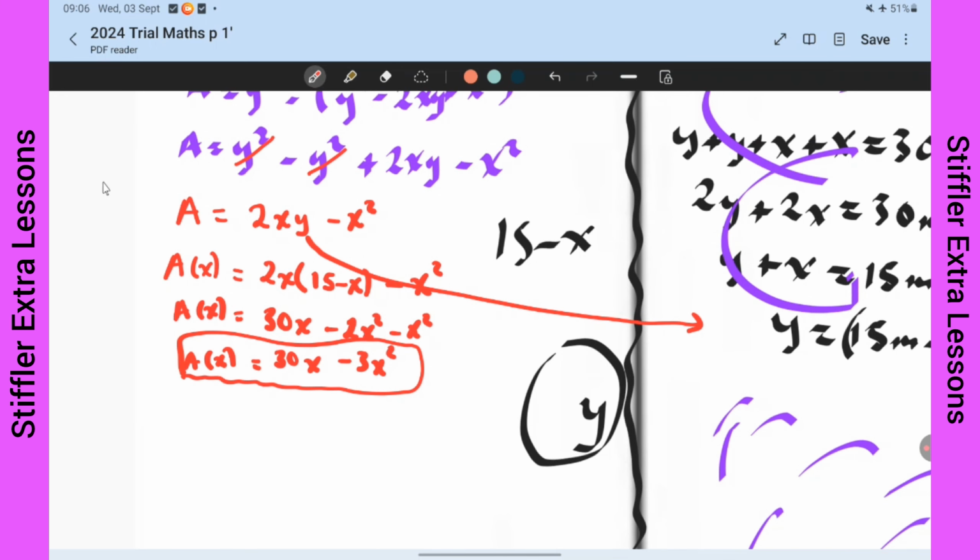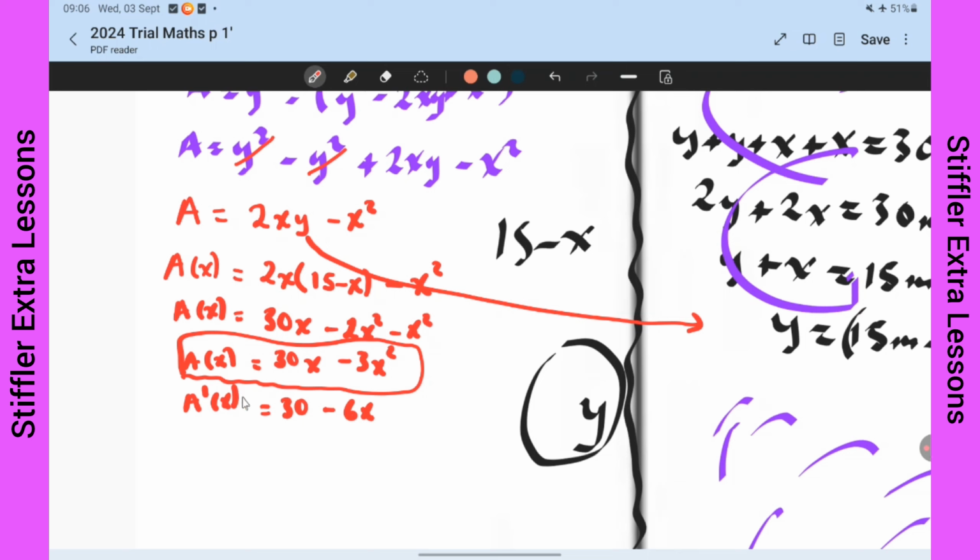So to have the maximum area, it means that we must optimize this, or we must differentiate this, right? So we can say our derivative of the area now becomes, you know how to differentiate using the rules, right? So this becomes 30 minus 6X. And now you know that when you are optimizing, you set your derivative equal to 0. That's when it will have the maximum area.